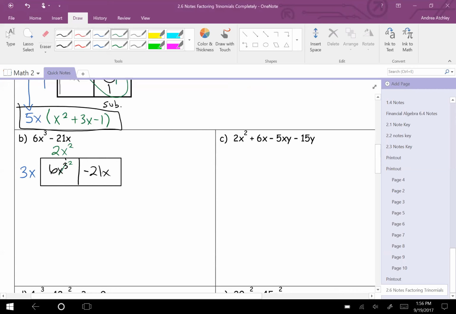Do the same thing with the 21. Negative 21 divided by 3 is negative 7. And then x divided by x, I take 1 away and I'm left with none. Okay, so now we're going to see if we can factor this further.